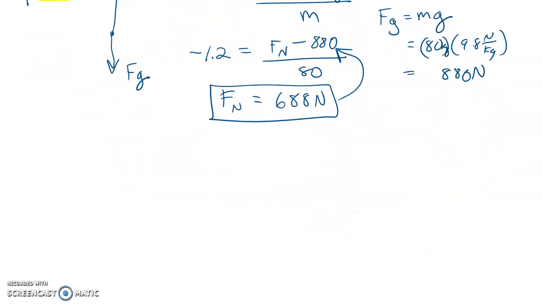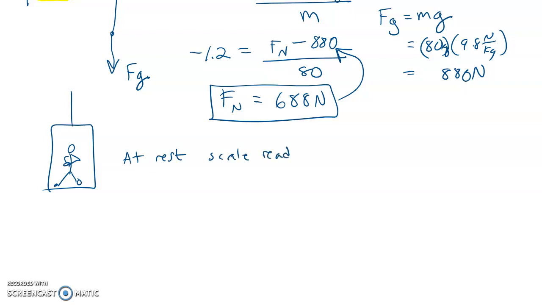All right, let's look at a second situation. Again, we have our person on an elevator. Here, it's a different person, so not necessarily an 80 kilogram mass. What we now know is that when the elevator is at rest, the scale reads 735 newtons.